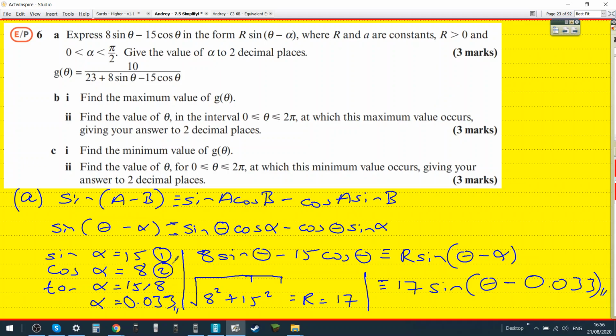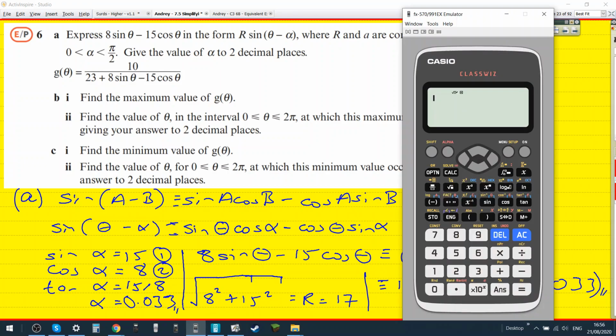Alpha is 0.033. Let me check. Arctan 15/8. I'm in degrees. Change that into radians.